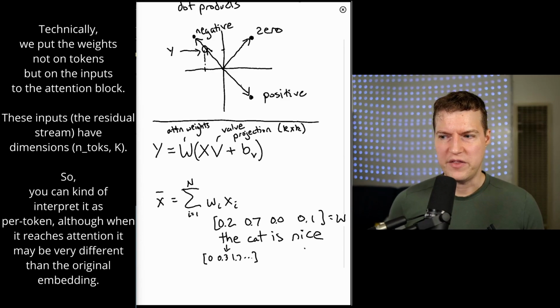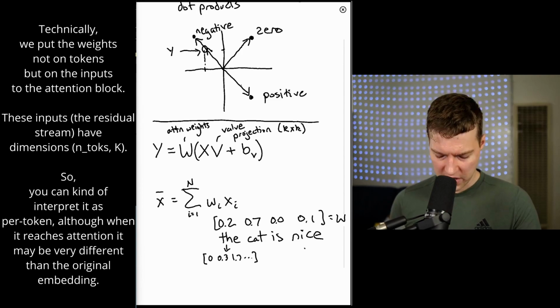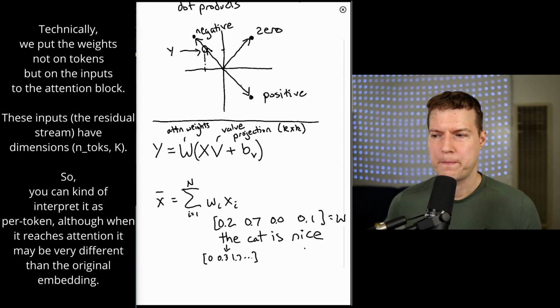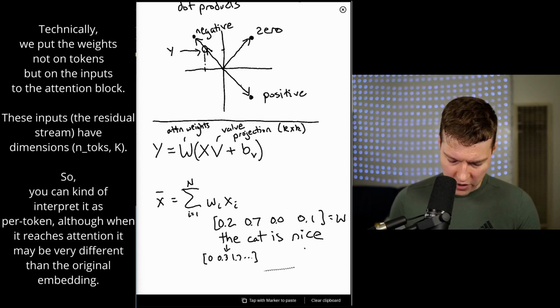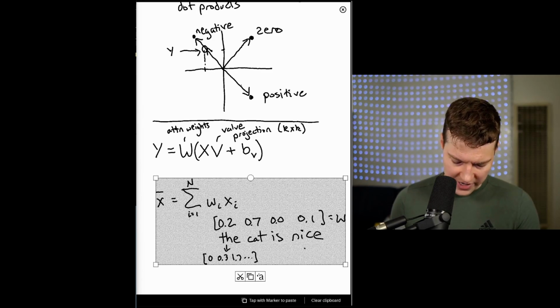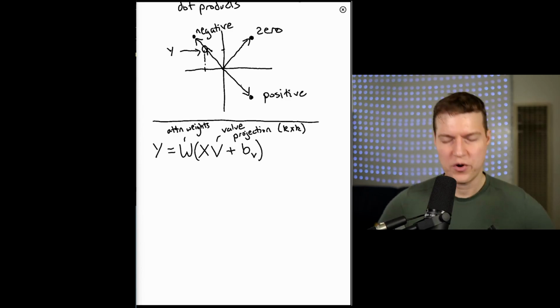But that's the whole point of attention: it puts different weights on different tokens when it calculates the mean. In a few videos, we're going to walk through exactly how it does that. But because this part by itself is a little tricky, I don't want to introduce too much complexity right away.